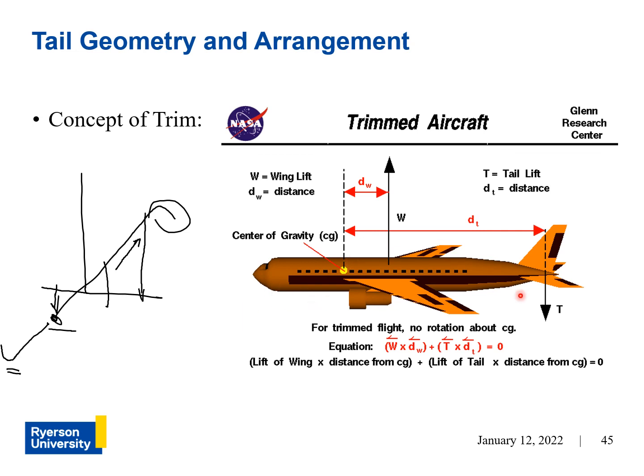So overall, the tail of an aircraft provides an element of stability that restores the aircraft from an upset pitch or yaw. And that's pretty much the main function of a wing, or rather, sorry, a tail.